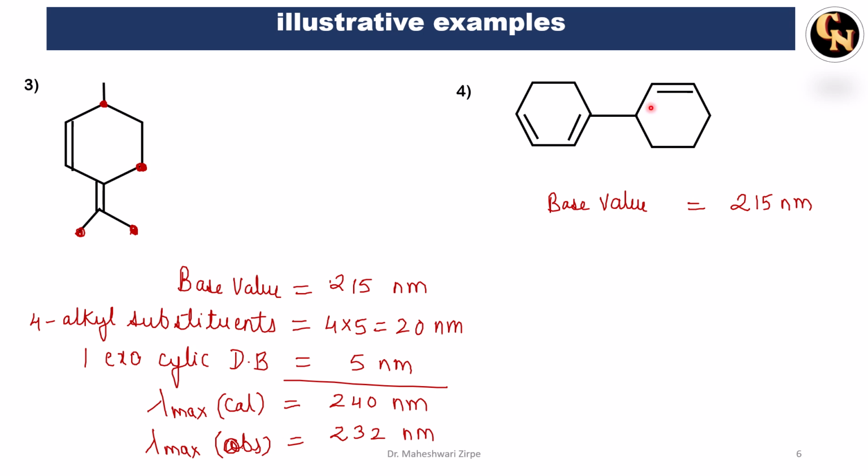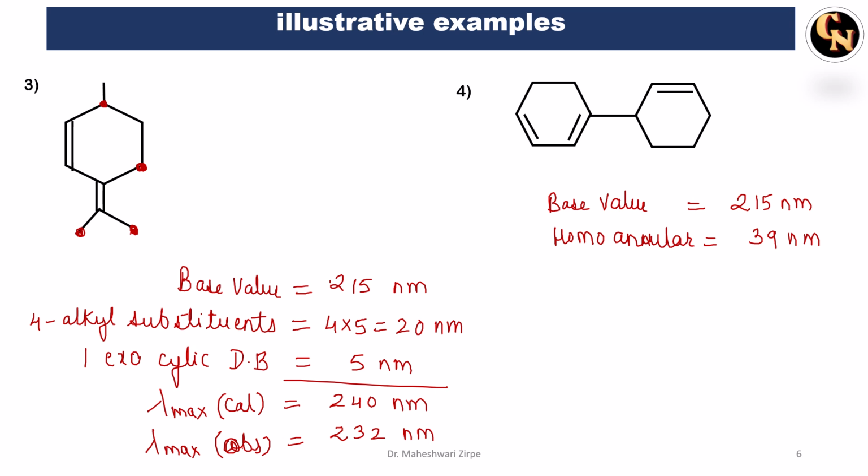In this you will find a homoannular diene is there. So for homoannular we are going to add 39. Just refer to your table so that you can write it down.